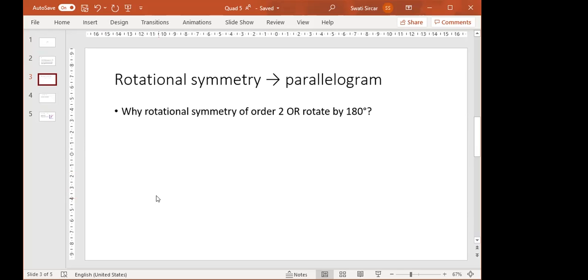The question is, why do you rotate by 180 degrees? How can you make it more rigorous? Anybody? Once you get to 180 degrees, the rest is a piece of cake, which you have got. But why is it a rotation by 180 degrees?